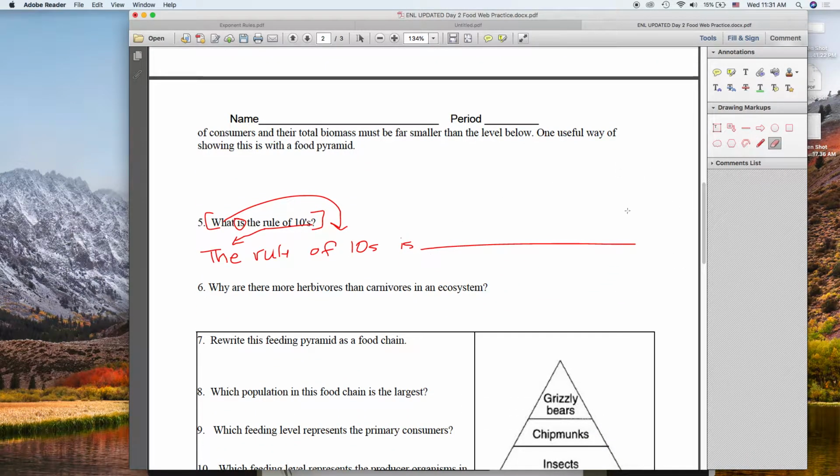Let's erase this line. As you go up, energy decreases, is divided by, I think is better.